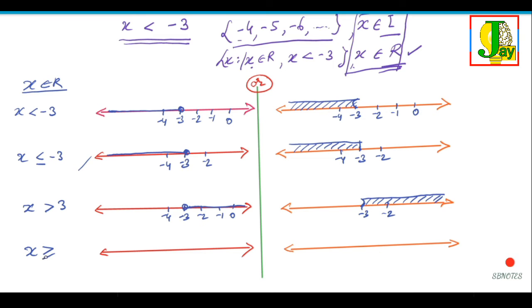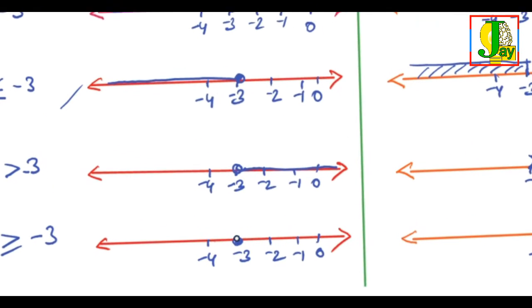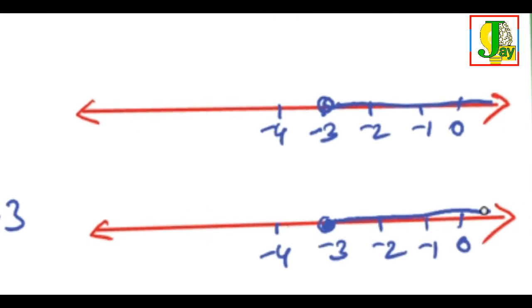If we take x greater than or equal to -3, then we write -2, -1, 0 here too. Now it is greater than or equal to -3, so again a dot, and draw the line.